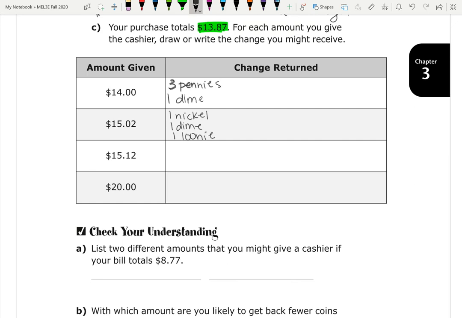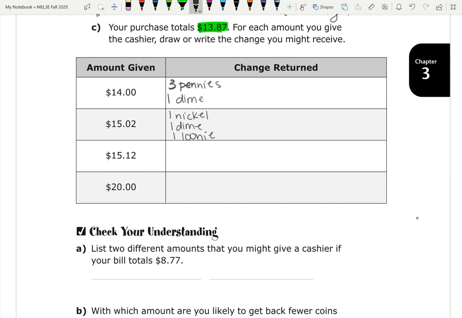The next amount given is 15.12. So this customer doesn't want any nickels or dimes or pennies. In 15.02, this person just didn't want any pennies, but in 15.12, this person doesn't even want you to give back any nickels or dimes like you did for the previous customer. So 13.87 plus 10 gives you 97 cents, plus another 10 would give you $14.07.